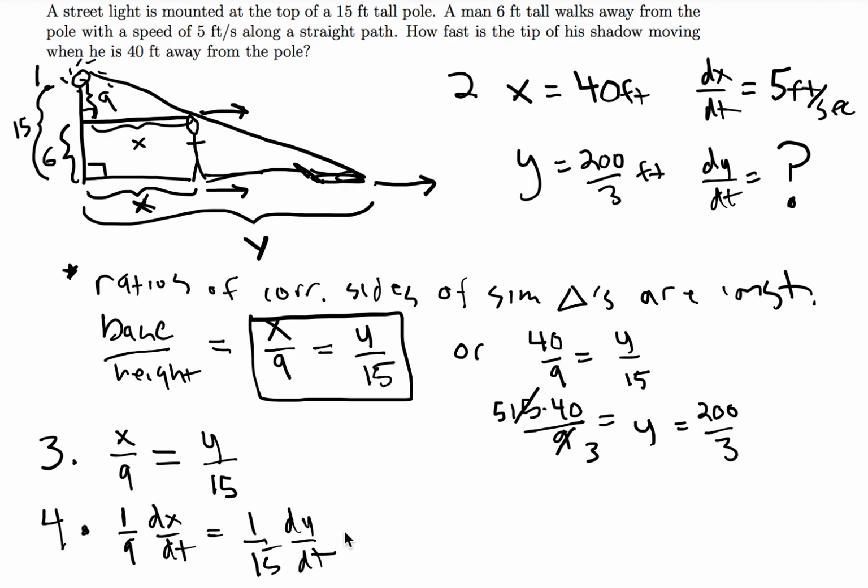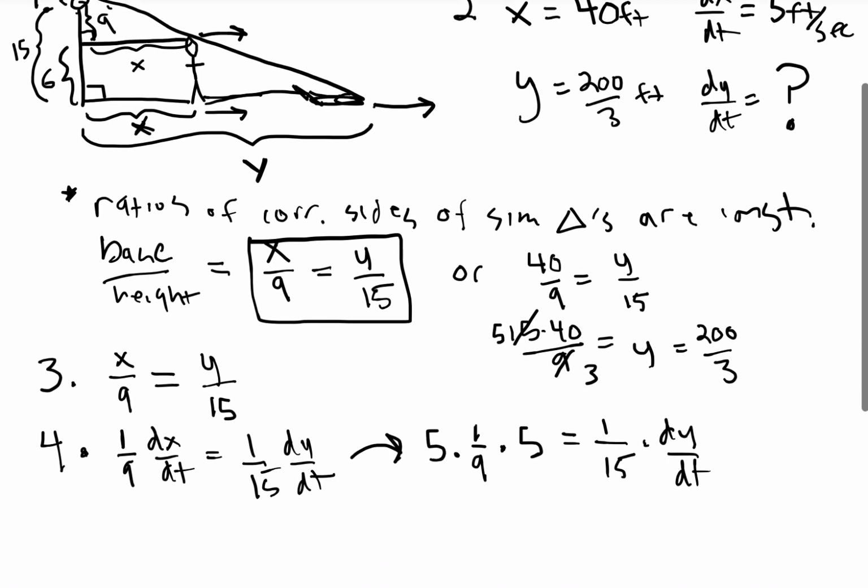What this will give me at this point for step 5, my final step, is that I can go ahead and plug and chug, plug in all my known rates, and then solve for the one that I didn't have. So 1/9 times 5 is basically going to be the same thing as a 15th times dy/dt.